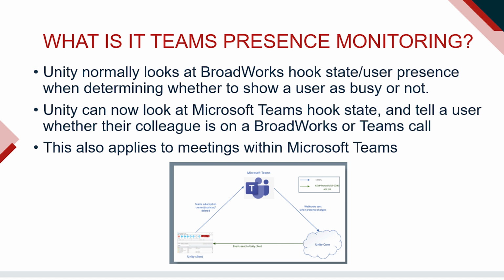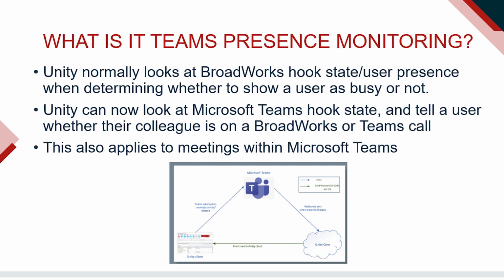Now, what is Teams presence monitoring? Teams presence monitoring is simply monitoring a user's presence from within Teams, being able to see if they're available, idle, away, on a call, or if they set a custom status, those types of things.